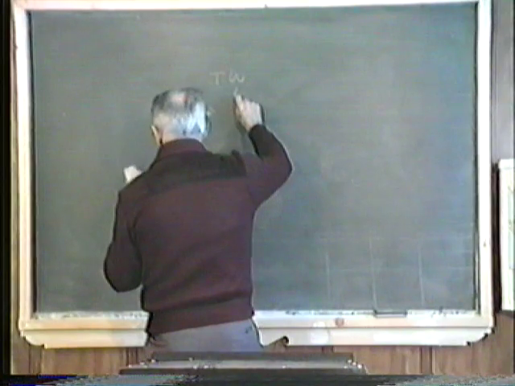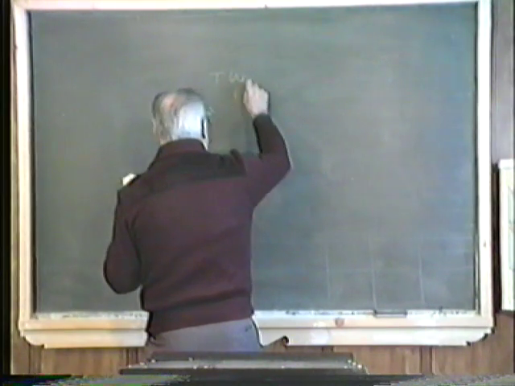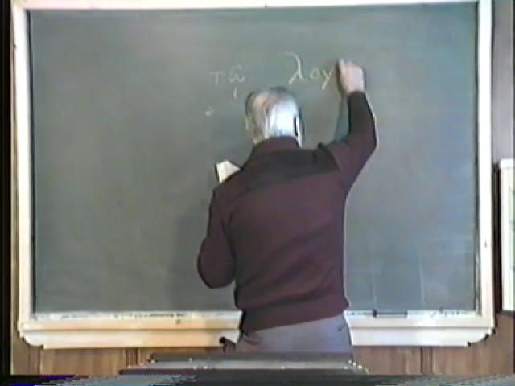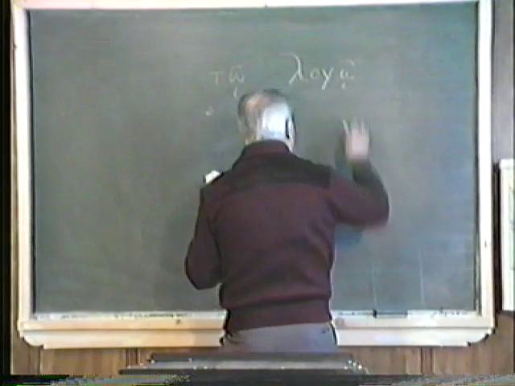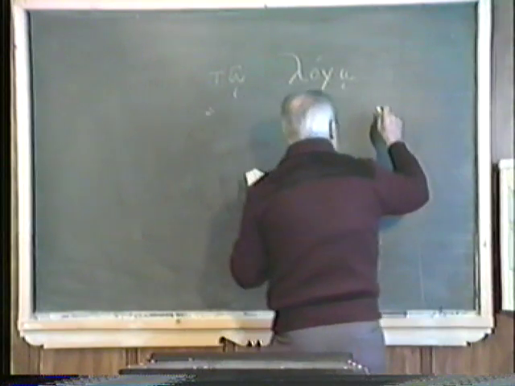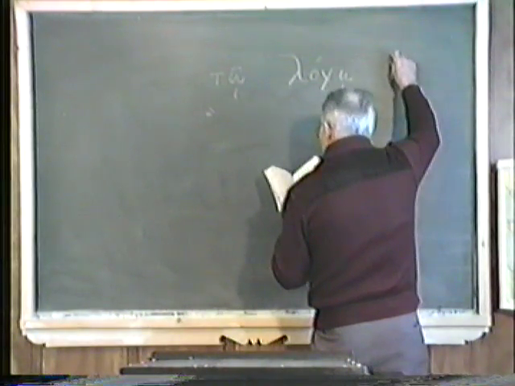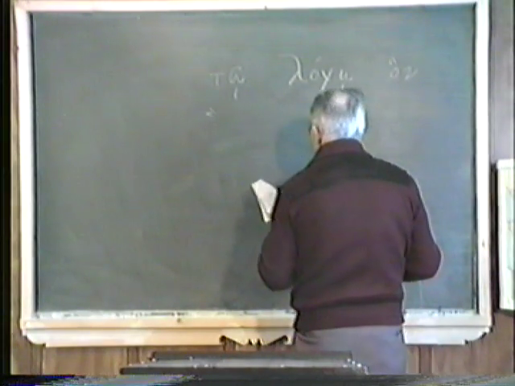Let me get it over here. Ton logon. Isn't that what we've got there? Now, hon. And I think that's a grave accent. All right.